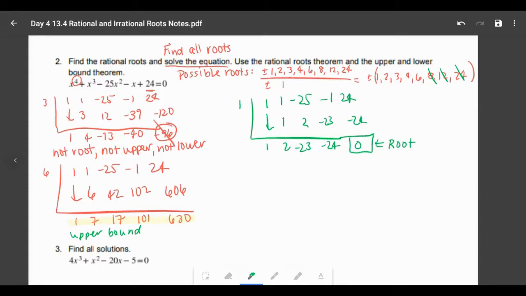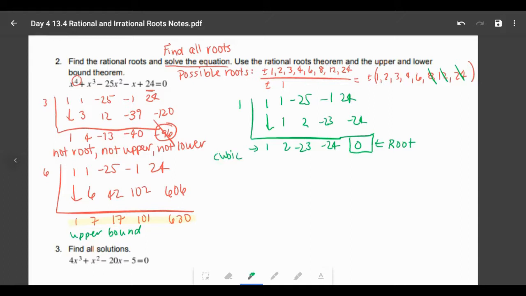I'm going to then do synthetic division again. I don't want to pick anything that's higher than 6, right? So I'm going to just try some negative numbers now. But this time I'm going to continue on this because right now we've got a cubic function, right?